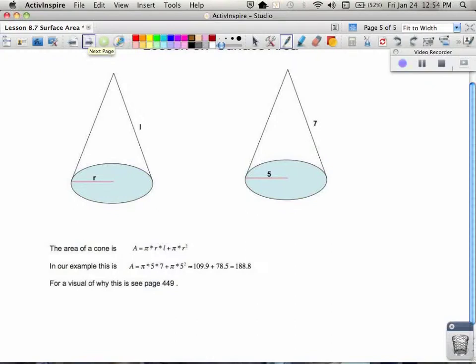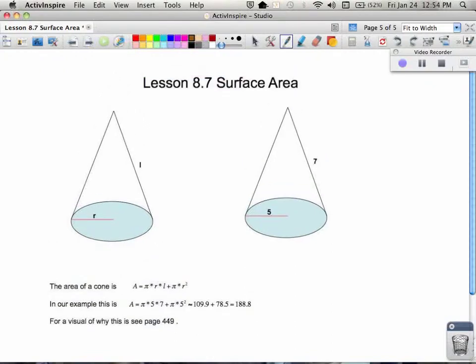In this last slide in our lesson for 8.7, we're going to talk about cones. Cones have a very specific formula. The area of a cone is kind of strange. The area of the cone is, of course, the bottom, which is the circle, pi times the radius squared.